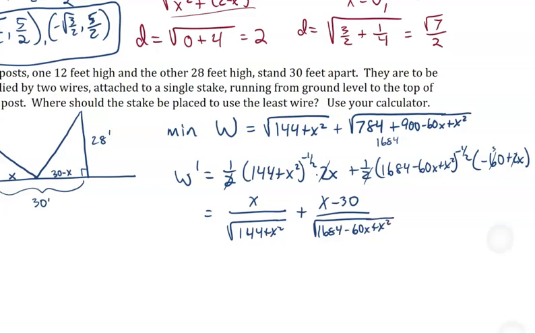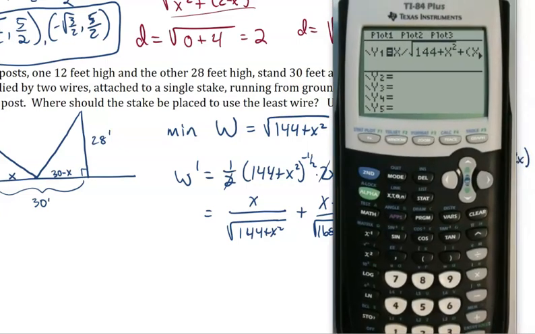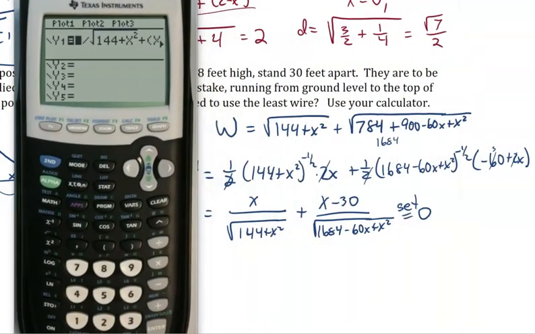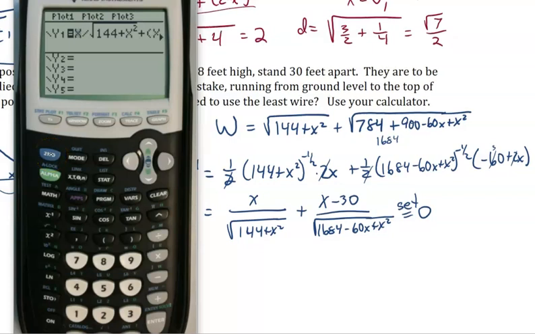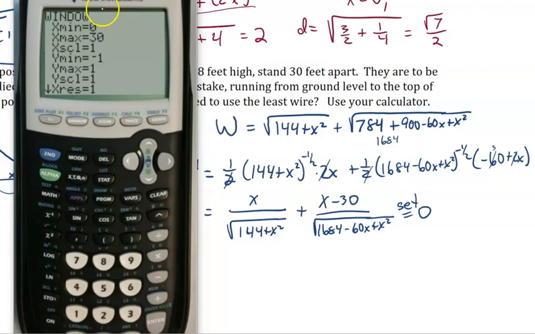So I'm setting this equal to 0. But I definitely don't want to try and solve that by hand. So here is that graph. And then I'm going to calculate my 0. I have already played with the window a little bit. I'm going 0 to 30 because I know that's my biggest x.